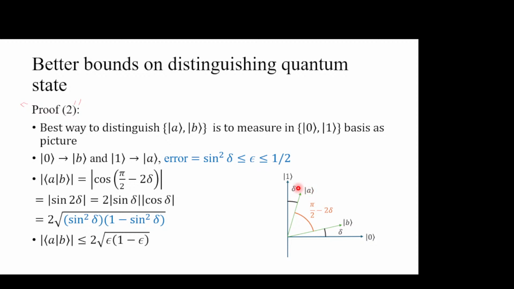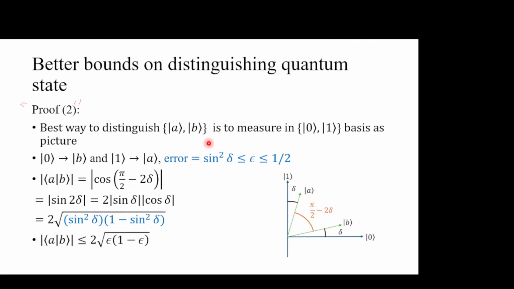So this is not quite a proof, because the first line is hand wavy, but it gives you this geometric view: you have A and B with some angle, and you want to distinguish them. Then you want your two measurement basis vectors 0 and 1 placed this way, with a symmetric angle between B and 0 and between A and 1.